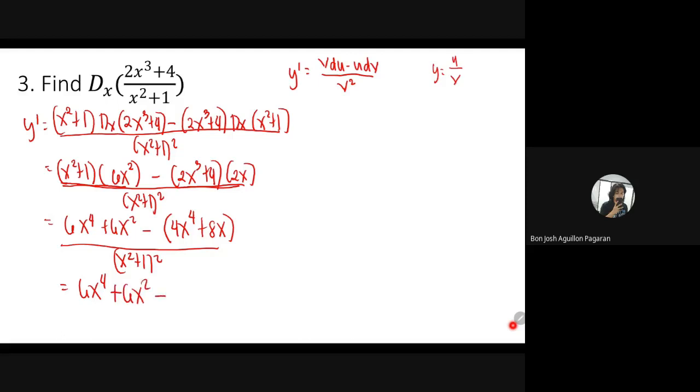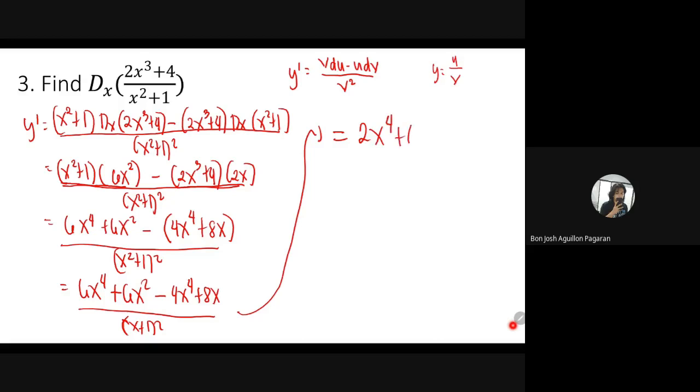May minus ka sa labas, so you have to distribute it: 4x to the fourth plus 8x over x squared plus 1 quantity squared. So, the derivative now will be 6x to the fourth minus 4x to the fourth will be 2x to the fourth plus 6x squared plus 8x all over x squared plus 1 quantity squared. This is now the derivative.